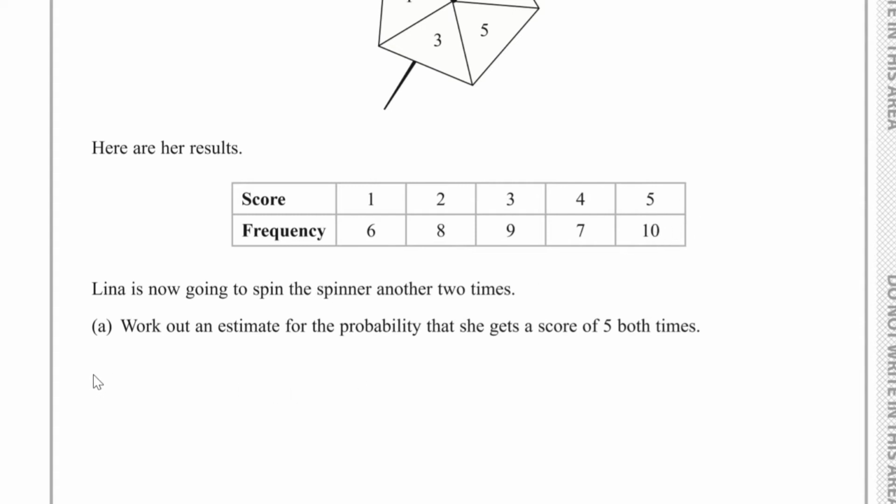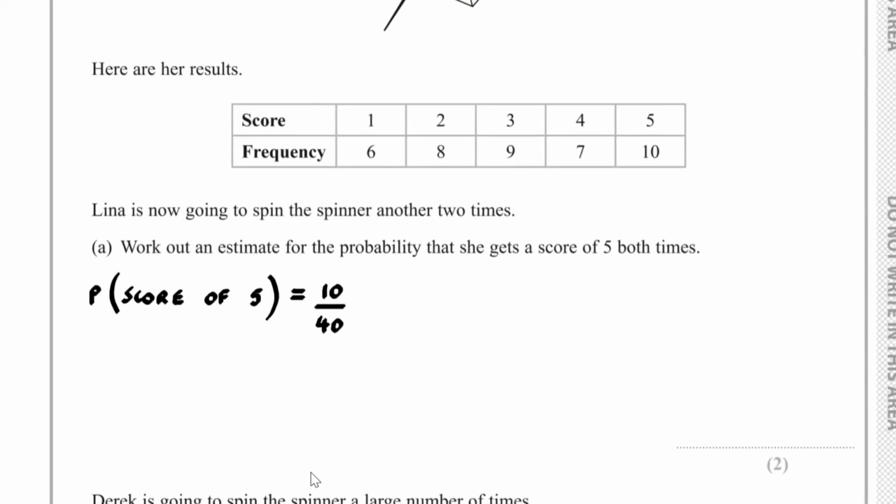Now the probability of getting a score of 5, that's equal to, well, out of 40, the frequency of getting a 5 is 10. So we have 10 out of 40.